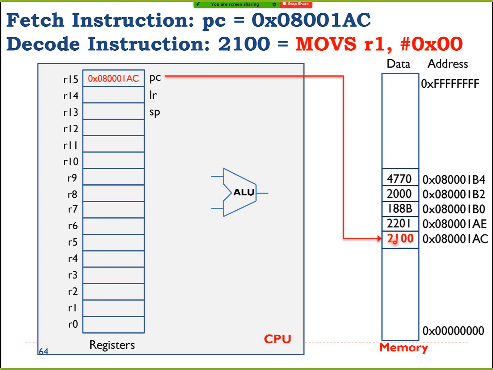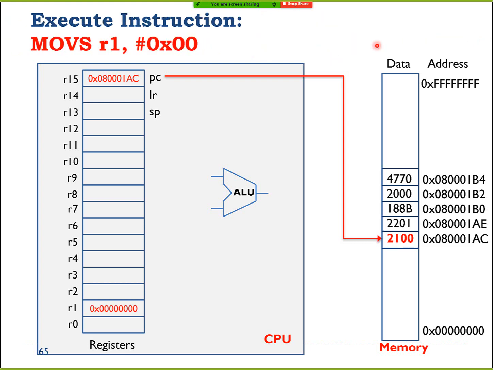This is an instruction. Once I decode this instruction, it says move 00 to register 1, right? I decode my instruction and it tells me I need to move 00 to my register 1. So now I need to execute my instruction, right? Once I execute it, I will be storing 00 in this register.